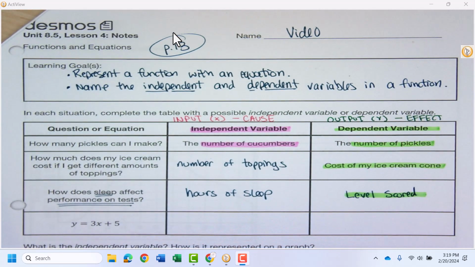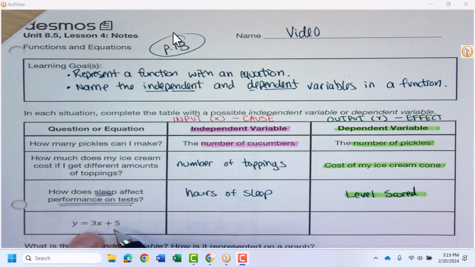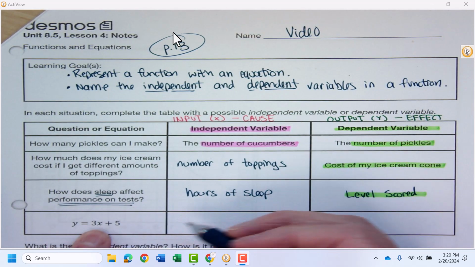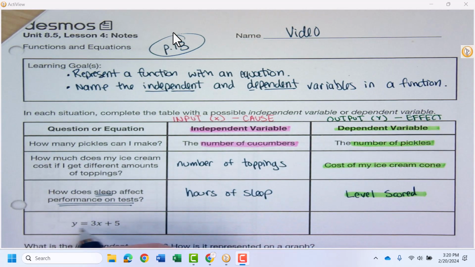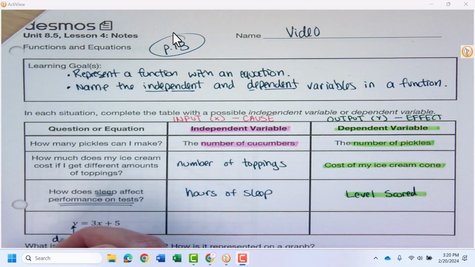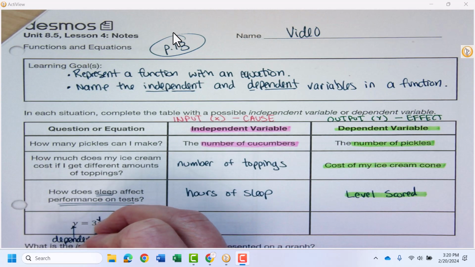Okay, now in the lesson that you did on Desmos, there were some equations. And what we need to know about equations is that whatever it's solved for, like y here, y equals, that's the dependent variable. That's what I get after I plug in something for x. This is my input, or my independent variable.